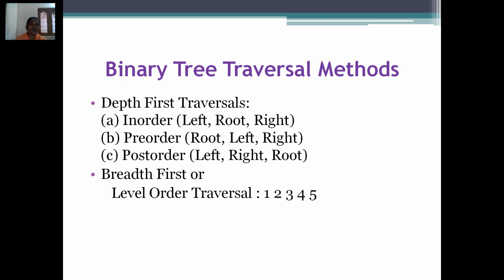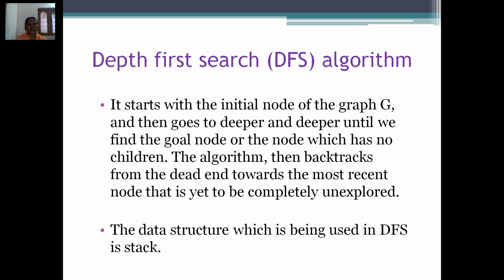In this slide, we discuss depth first search traversal. What does depth first search traversal mean? In this algorithm, traversing starts with the initial node of the graph or tree, then goes deeper and deeper until we find the goal node or a node which doesn't have any child nodes.